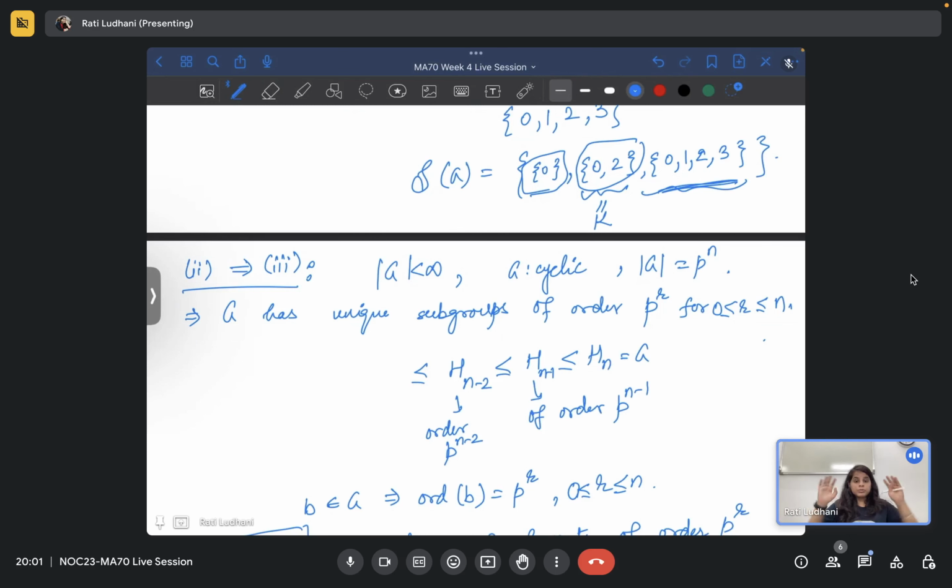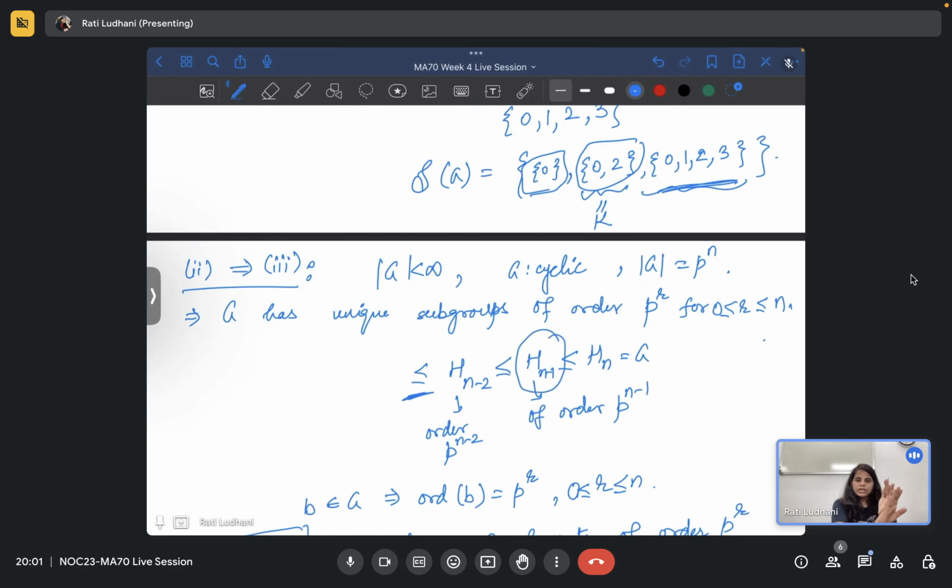These are unique subgroups, but why do they have to be in inclusion? Even if they are not inclusions as sets, these are subgroups also, because you have a unique subgroup of each order.